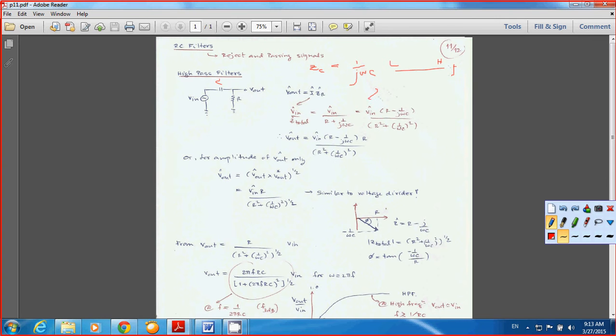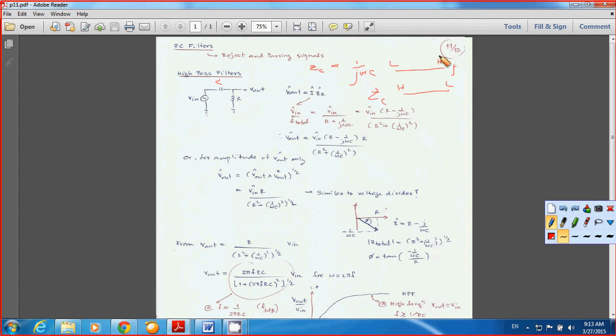What is your Z of capacitor? For low frequency, you have a high impedance, correct? And for high frequency, you're going to have a low impedance.